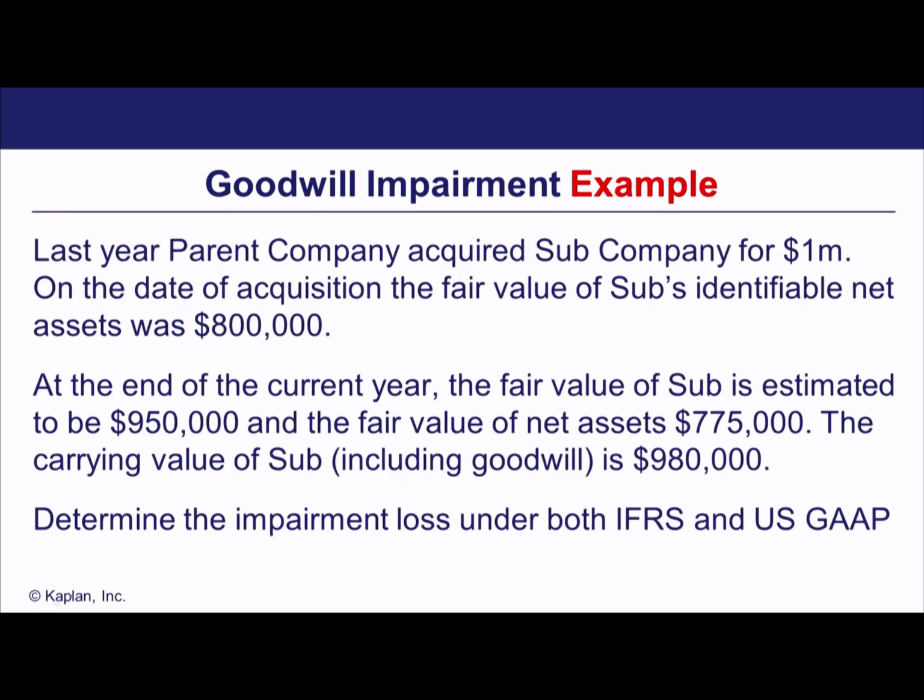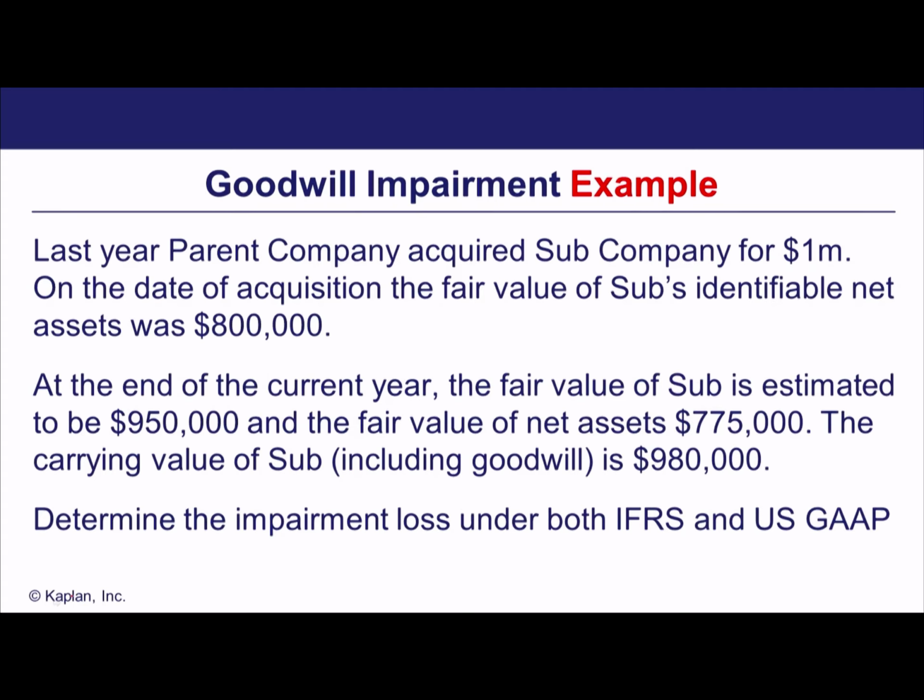So last year, parent company acquired the subsidiary for 1 million. On the date of acquisition, the fair value of the subsidiary's identifiable net assets was 800,000. So we bought them for 1 million. The fair market value of its identifiable net assets, 800,000. Okay, I'm assuming it's a 100% acquisition here because we're not told otherwise, and therefore the goodwill, 1 million less 800,000, 200,000.